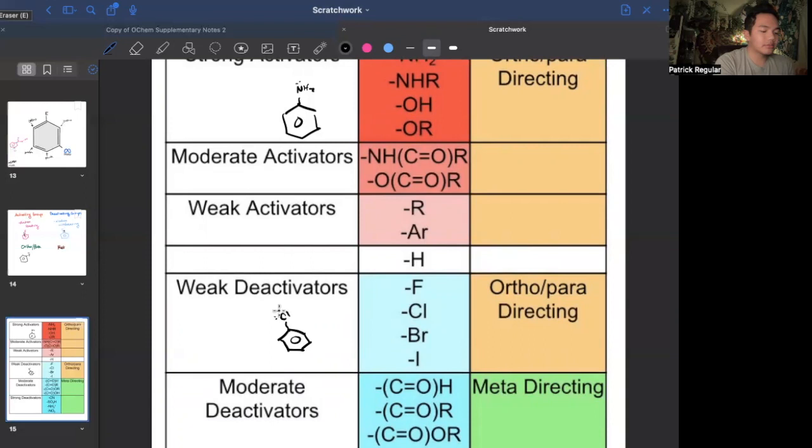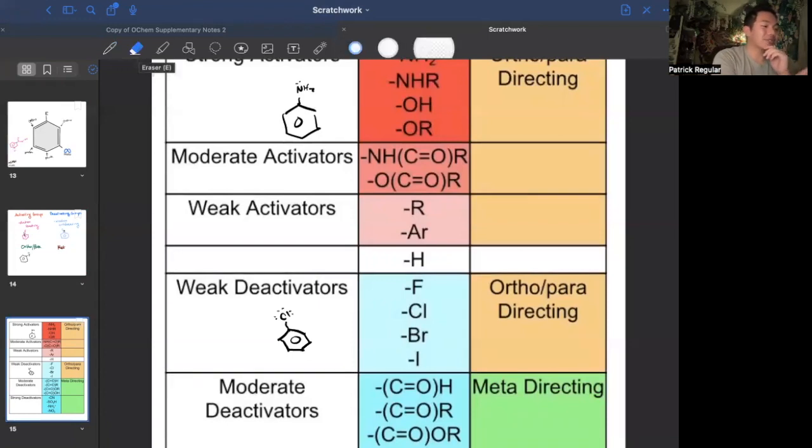Cl, no formal charge. There's a lone pair, so it might not be electron donating because it's very electronegative, and a pi bond between that and the positive charge carbocation is not very good, which again, we will get to. It's not very stable, it's deactivating, but the fact that it has lone pairs means it's ortho-para directing.